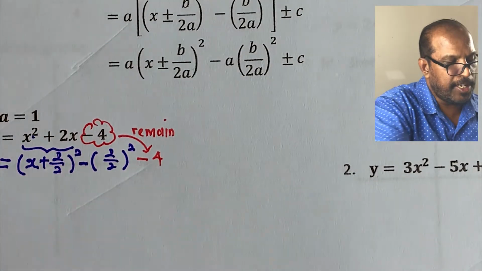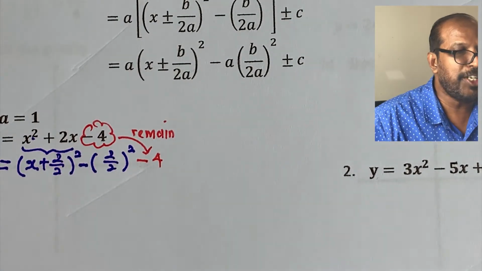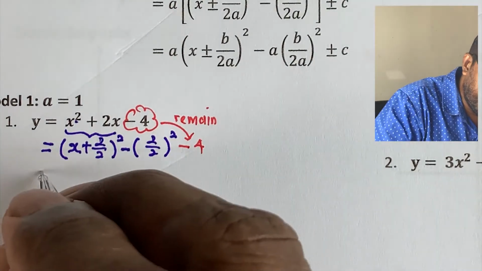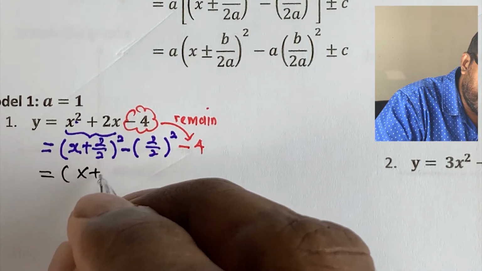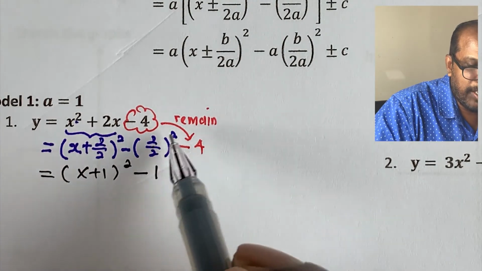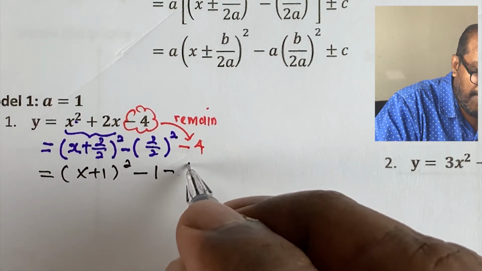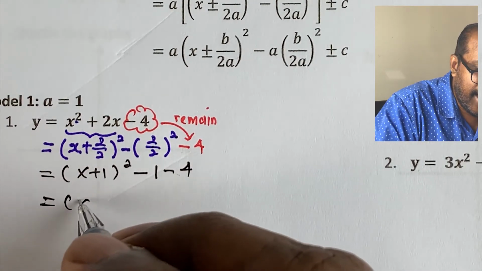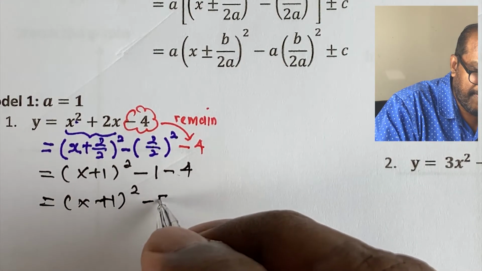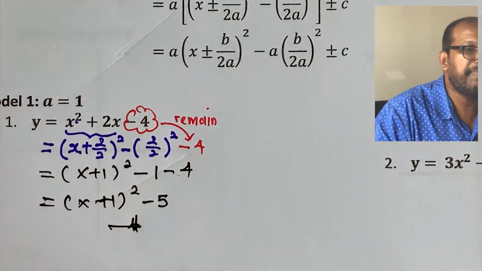Now you have completed the square, but you need to simplify. This gives x plus 1 squared minus 1, since 2 over 2 is 1 and 1 to the power 2 is 1, so minus 4. My answer is x plus 1 squared minus 5.